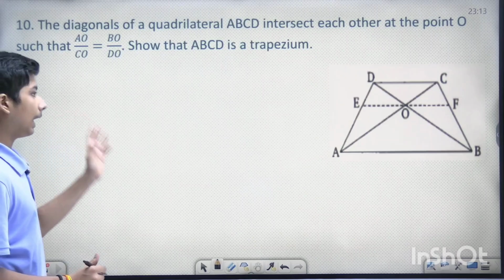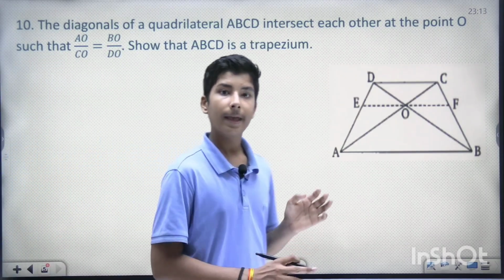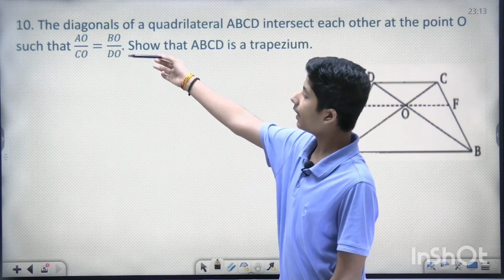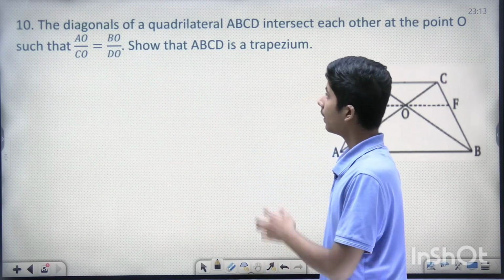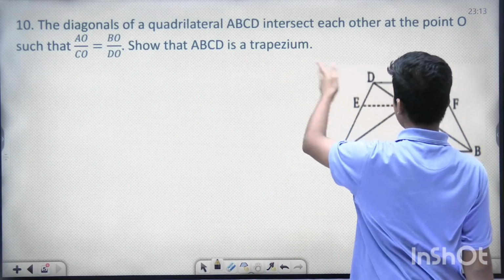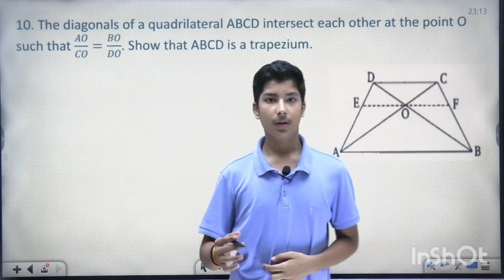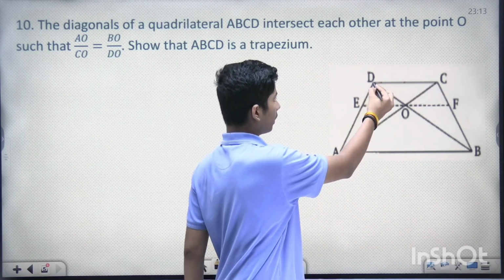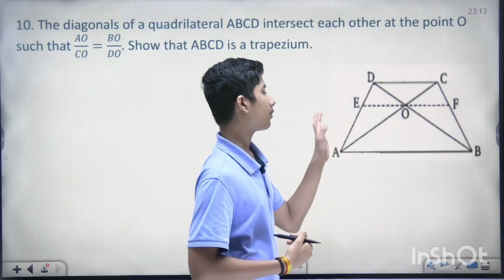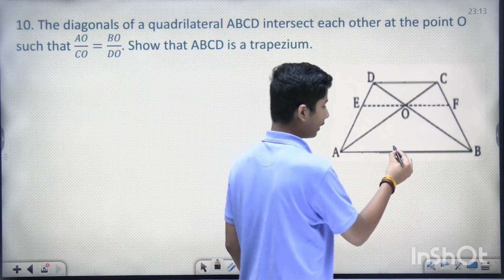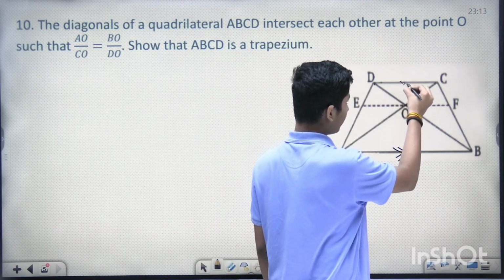Now it is the last question of our video. Here we have been given AO upon CO equal to BO upon DO. But we have to show that ABCD is a trapezium. How we will show it? To show this, we can say that AB parallel to CD.